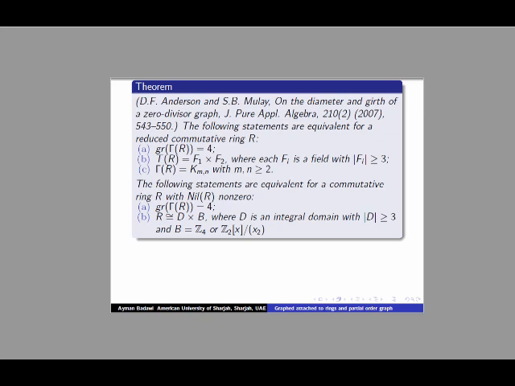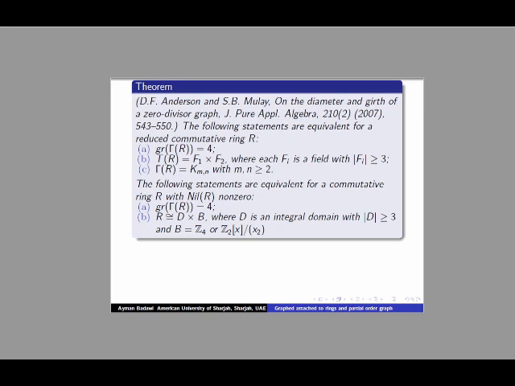What do I mean with nilpotent element? If x to the n equals 0, then we call x nilpotent. Reduced means if x to the n equals 0, then x has to be 0. So that's the definition of a reduced ring, meaning 0 is the only nilpotent element.